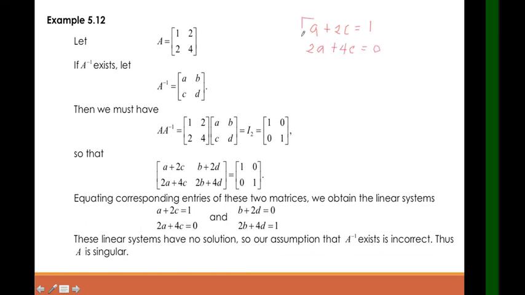Okay, in this portion, let's say we need to add negative 2 times, so we have negative 2A, negative 4C equals negative 2. Unfortunately, we cancel this. 0 is equal to negative 2, and it has no solution. It has no solution, therefore it doesn't exist, and A is singular.